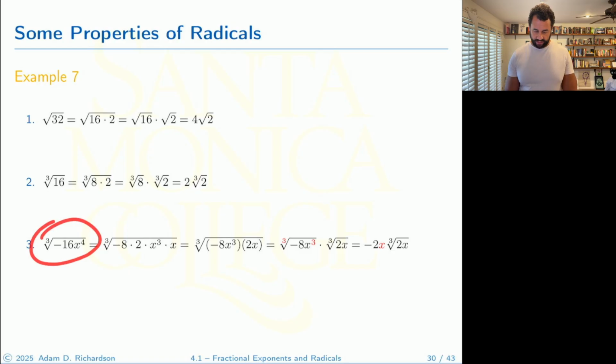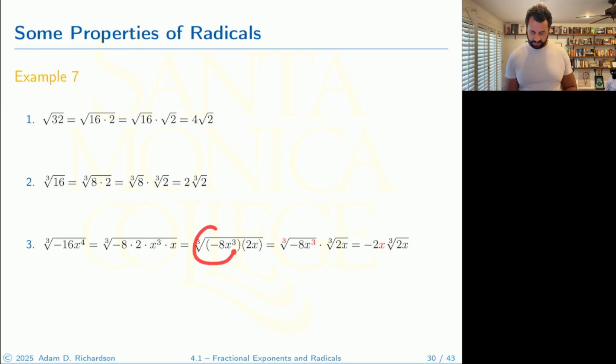What about this one? Here, we're not going to be able to pull out everything, but we can split things up and look for perfect cubes again. So negative 8 times 2, x cubed times x: negative 8x cubed, and 2x.